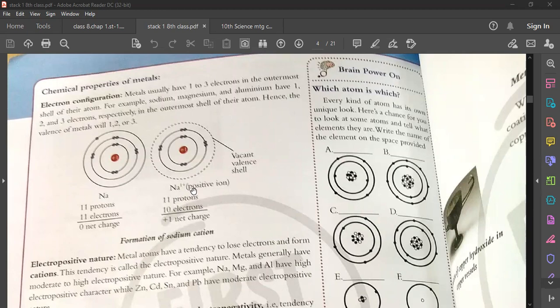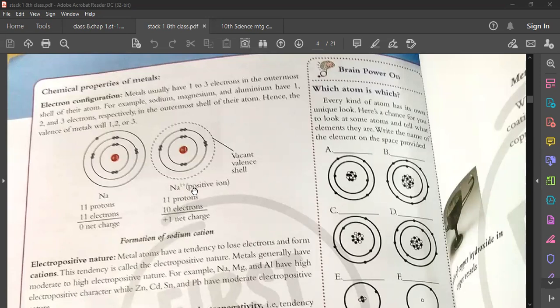Yes, sir. So if you take the first group elements, all are metals only, right? Then how many electrons are there in the valence shell? If you take the periodic table, first group, how many valency electrons are there? One. Very good. Second group, two.